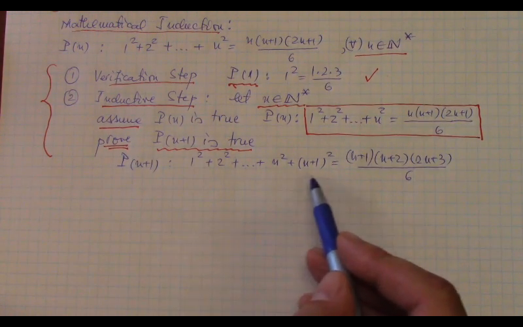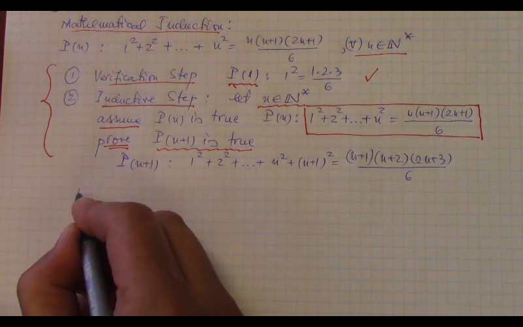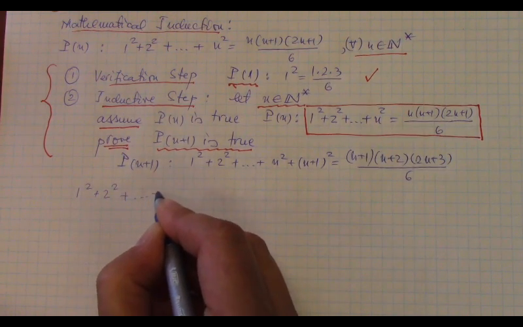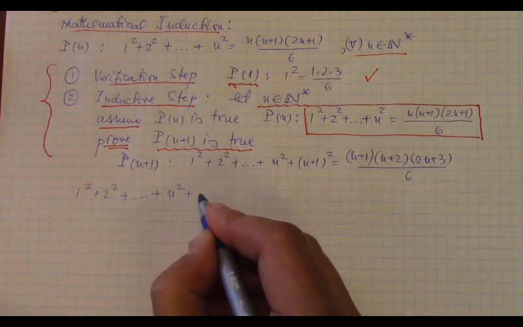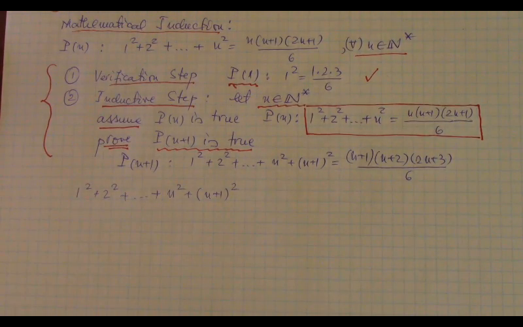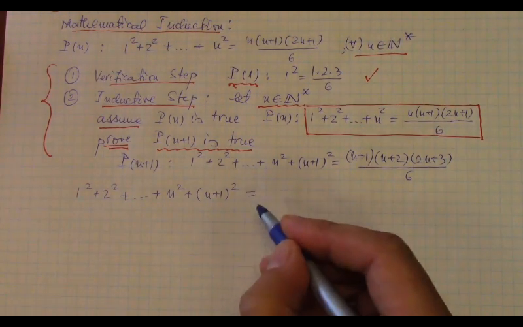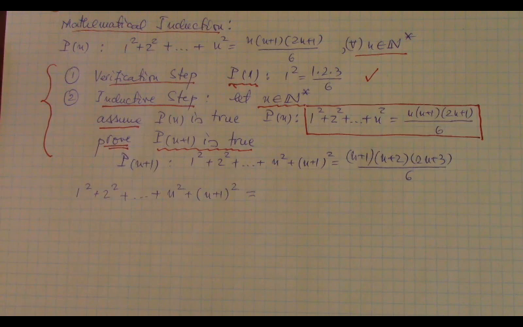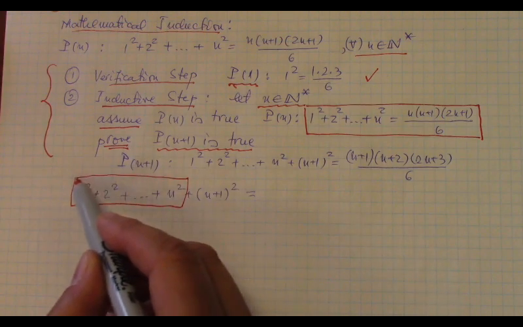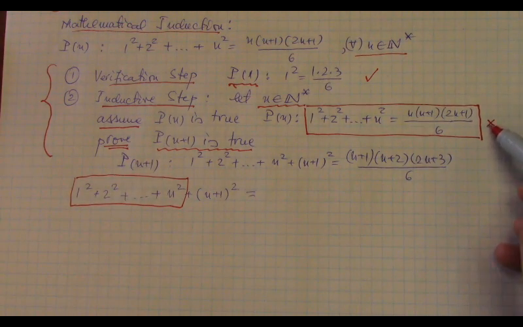All right? So how would we go about proving this equality? Well, we can start off with the left hand side of it. So we can say 1 to the power of 2 plus 2 to the power of 2 plus all the way up to n to the power of 2 plus n plus 1 to the power of 2, all right, is equal to. How do we work on it? Well, we can notice that this part of our sum is exactly what's involved in this equality here.